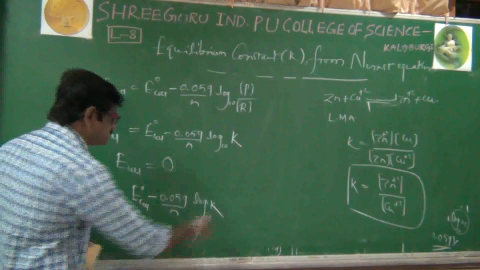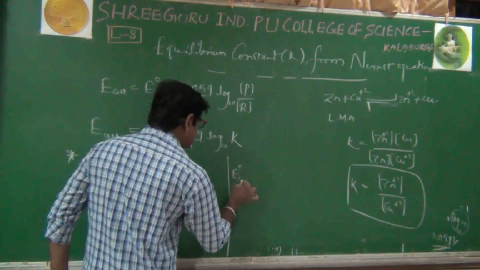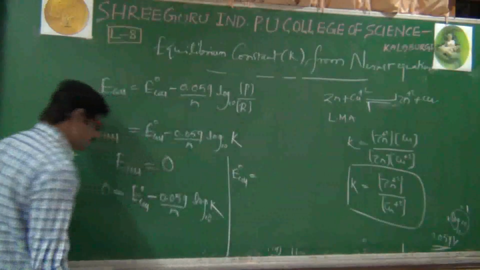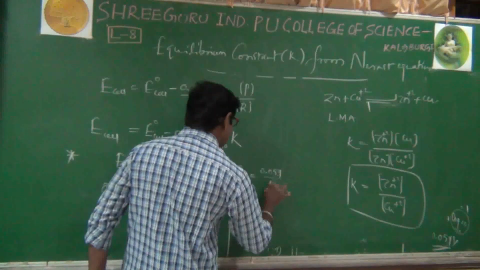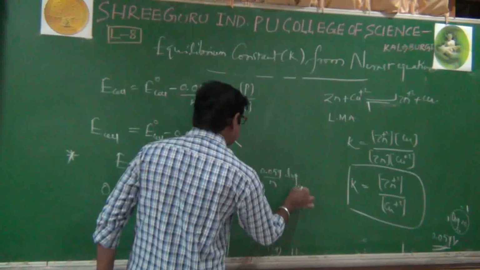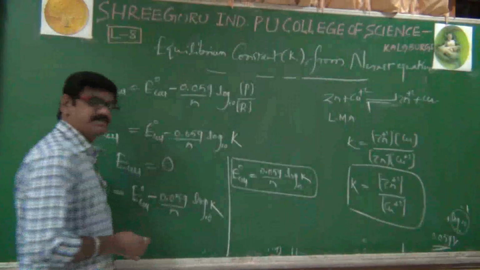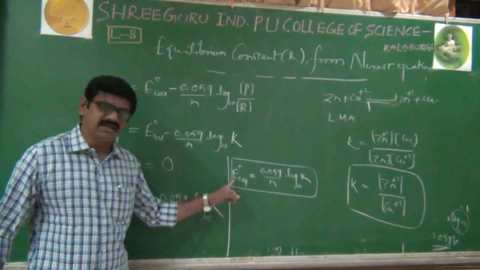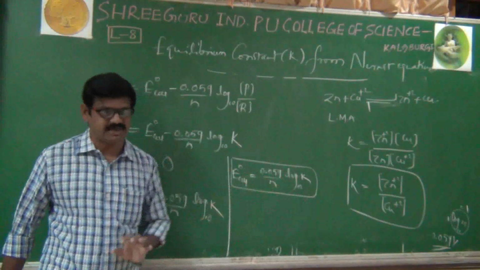Therefore, based on that, we will write like this: E naught cell is equal to 0.059 by n log base 10 K. It is also one of the expressions to find the E naught cell value when the equilibrium constant is given, remember.